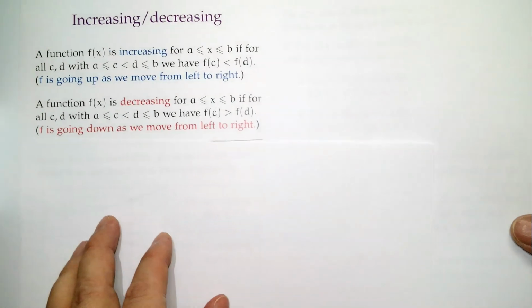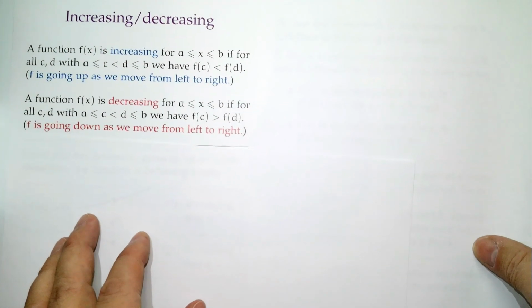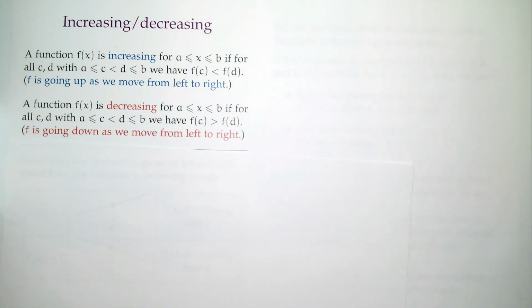So what we're learning about today is we're going to talk about things about increasing and decreasing functions. Now, increasing and decreasing, it's fairly intuitive because we can sort of think about it geometrically. So I say a function is increasing if the values are going up. So if I have a here and here's b, if I look at f of a versus f of b, f of b is higher than f of a.